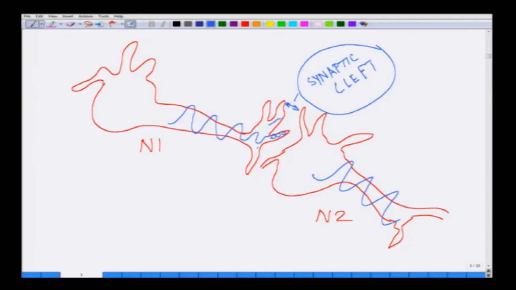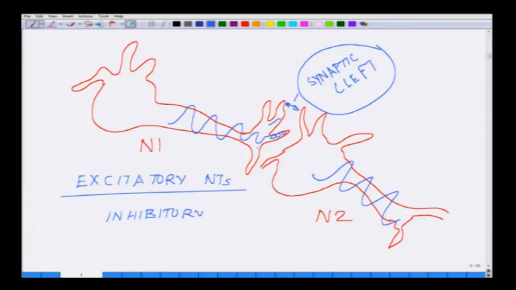Okay. The next thing will be coming later, that is why I left it out for later. Excitatory neurotransmitters or inhibitory neurotransmitters.